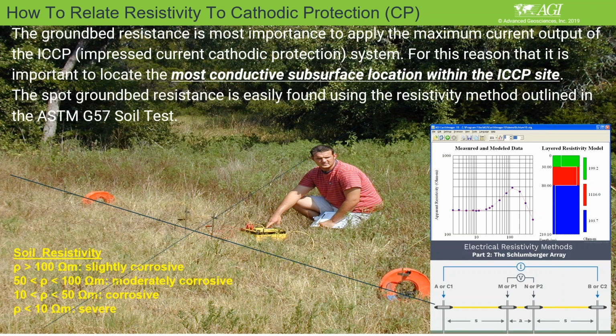protection on these structures. So there are typically two types of cathodic protection. One is called passive cathodic protection.